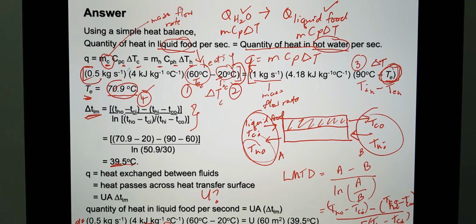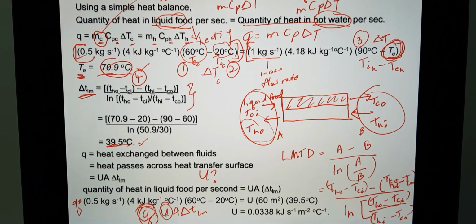But it doesn't matter, because when you calculate TE wrongly, you will get the wrong value of LMTD as well. But at least when you use Q for liquid food, with the parameters given in the problem statement, you can't go wrong when you calculate Q. Okay, that is my tip.